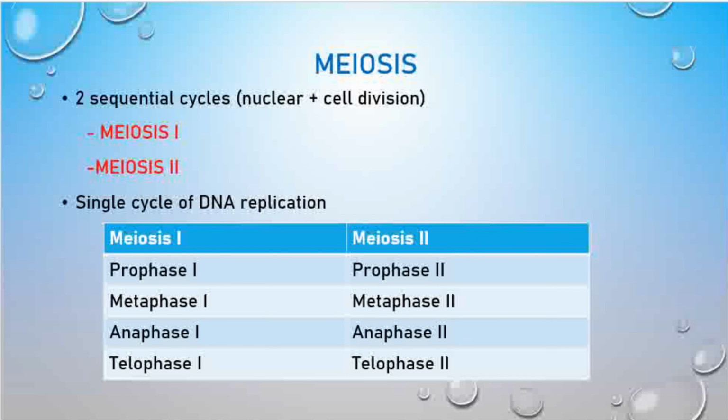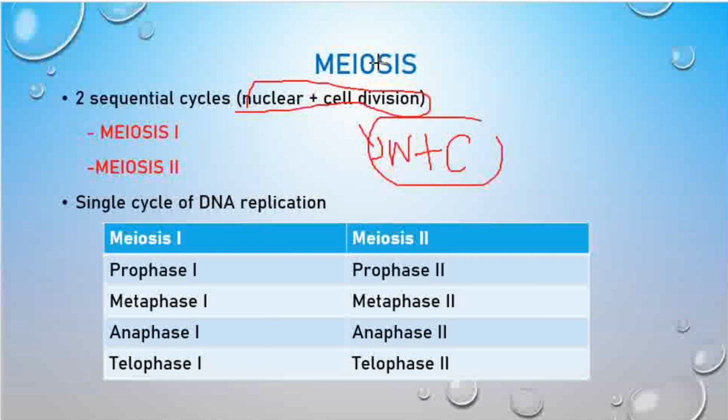And here in meiosis you have 2 sequential cycles of nuclear and cell division. So the nucleus and the cell get divided like in mitosis. Here in meiosis you have meiosis 1 and meiosis 2. In meiosis 1, like in mitosis, we have prophase 1, metaphase 1, anaphase 1 and telophase 1.